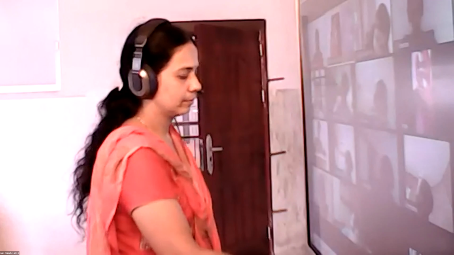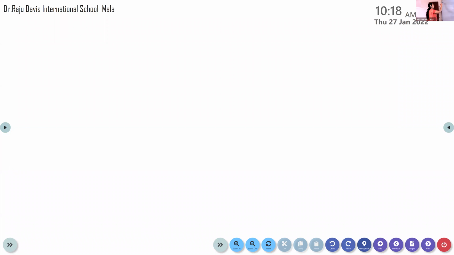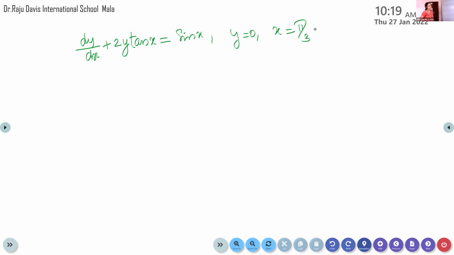Write the question: dy by dx plus 2y tan x is equal to sin x, comma, y is equal to 0 when x is equal to pi by 3.